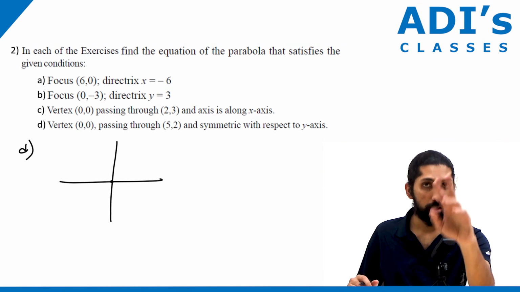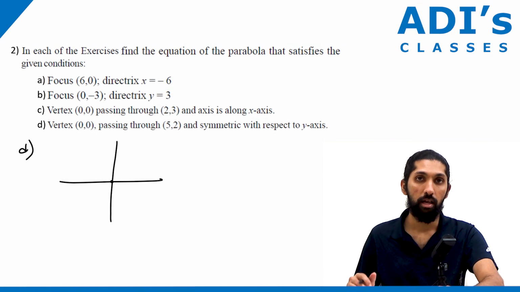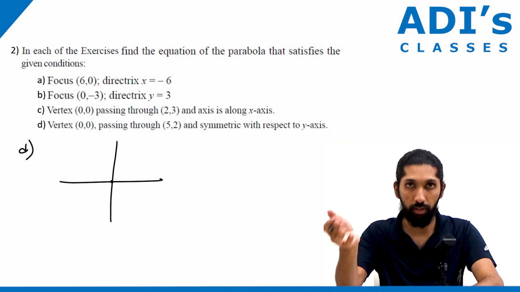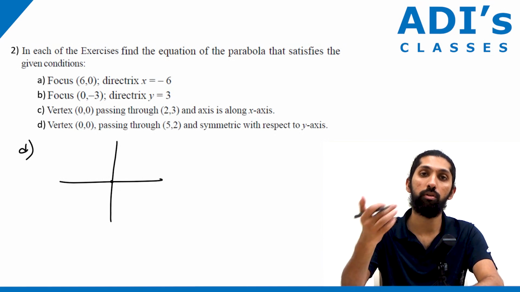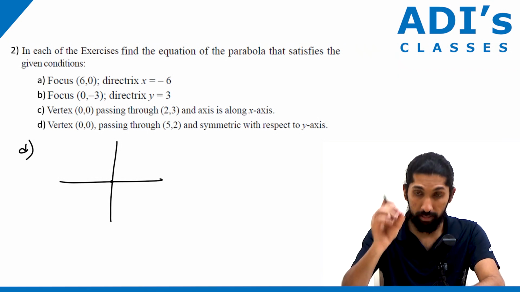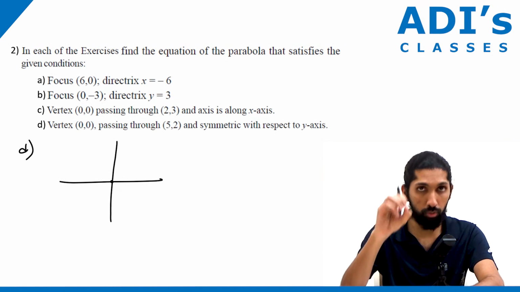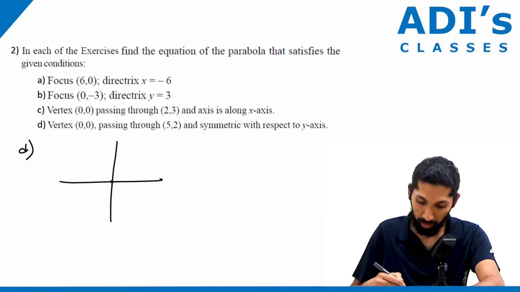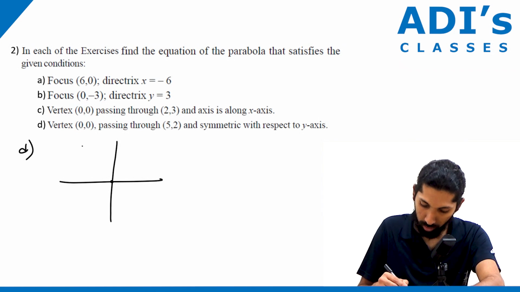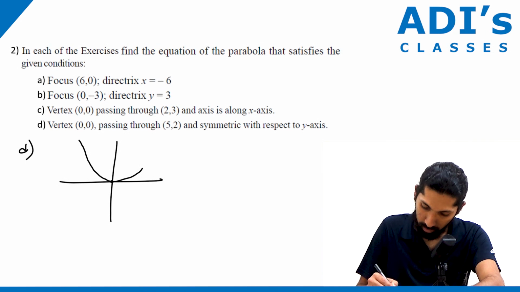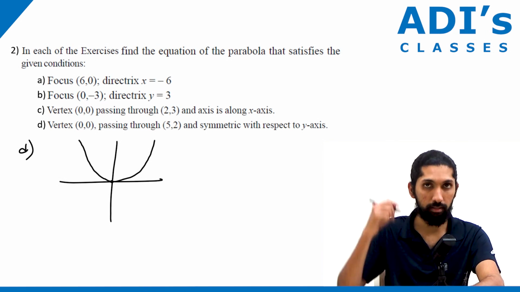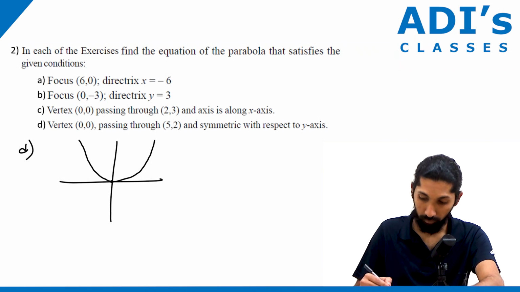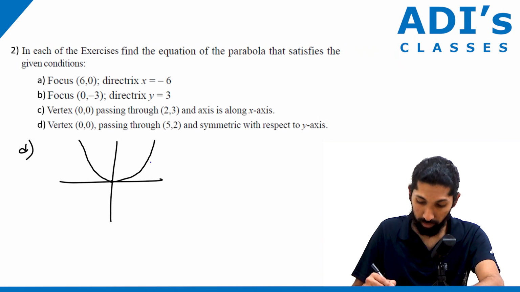That means two possibilities are there. Either x square is equal to 4ay or x square is equal to minus 4ay. But since it is passing through 5 comma 2, that means it's an up opening parabola. The parabola should look something like this. Okay? Because it's passing through this point 5 comma 2.